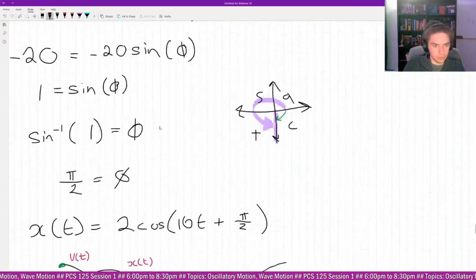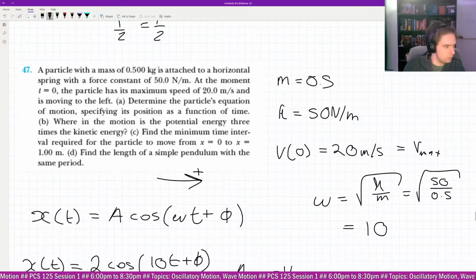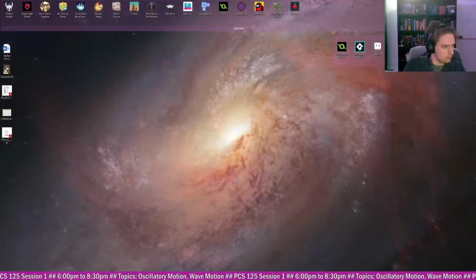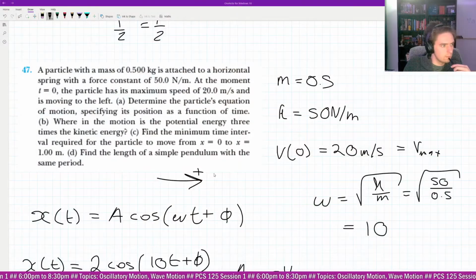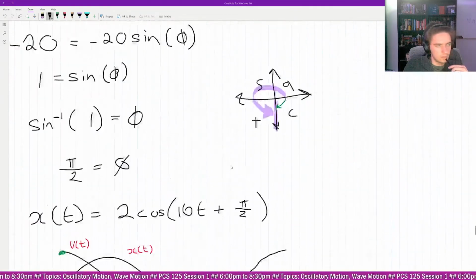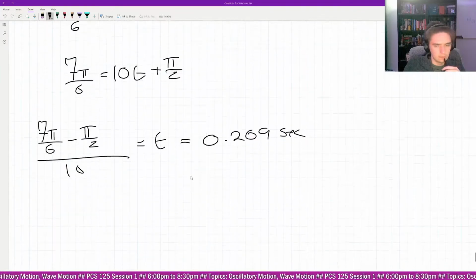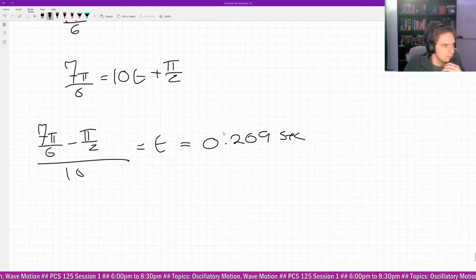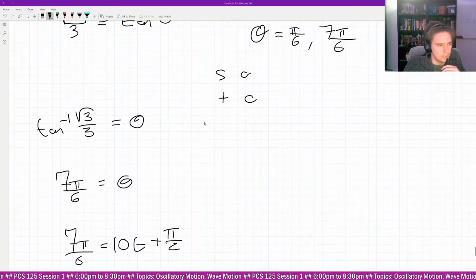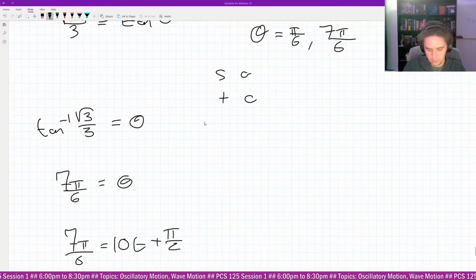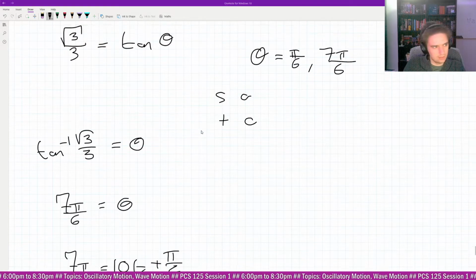And does anybody have the answer for this one? Do I have the answer for this one? I do. Let's see. For which part are we doing? B? Oh, that's not what I got.